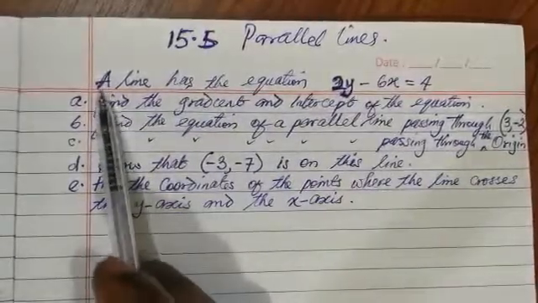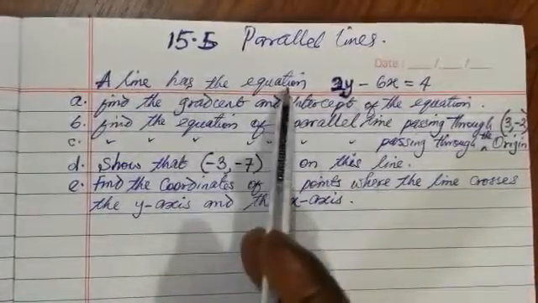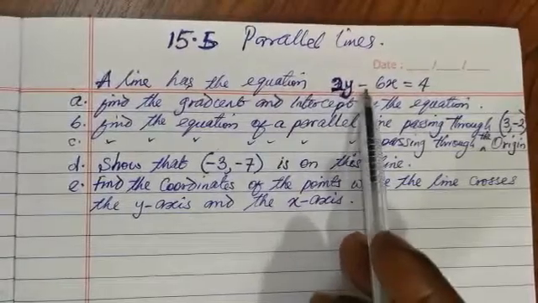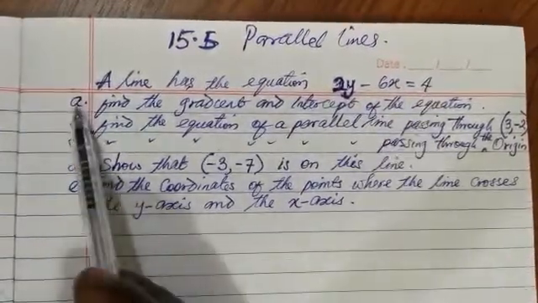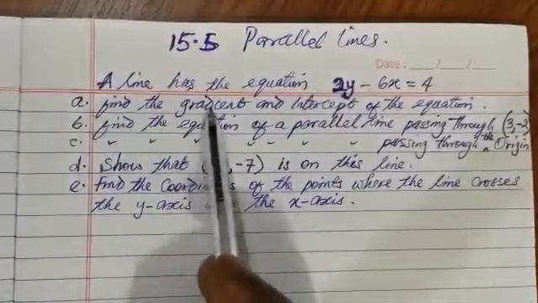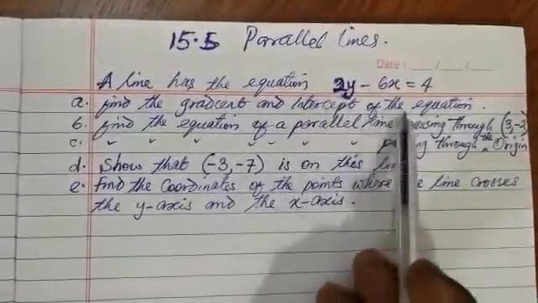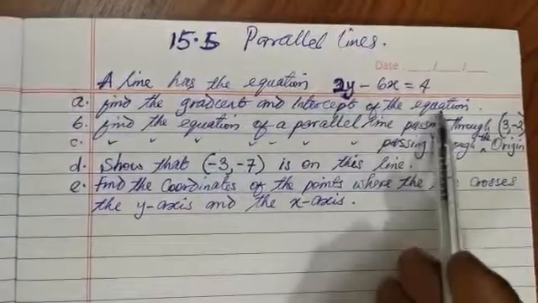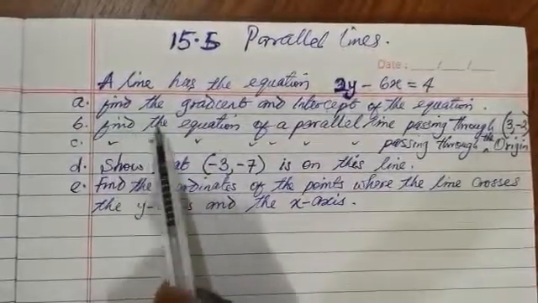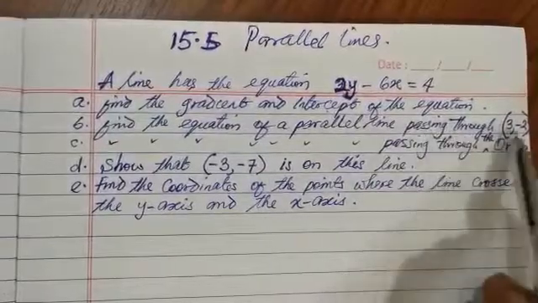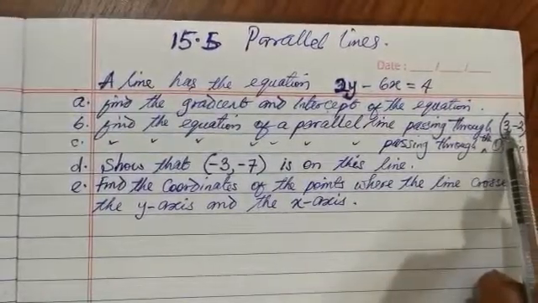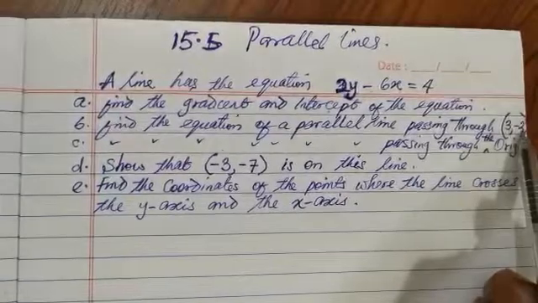Now this says a line has the equation 2y minus 6x equals 4. A, find the gradient and intercept of the line of the equation. B, find the equation of a parallel line passing through (3, -2).